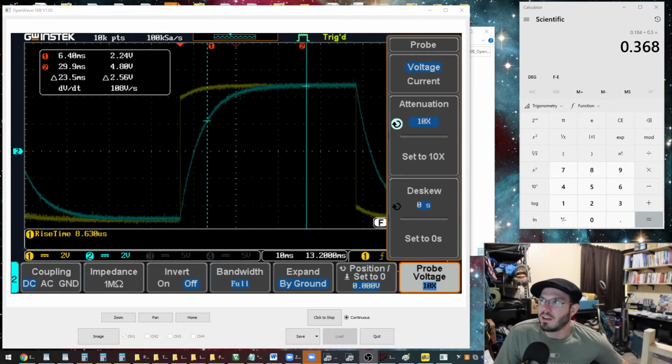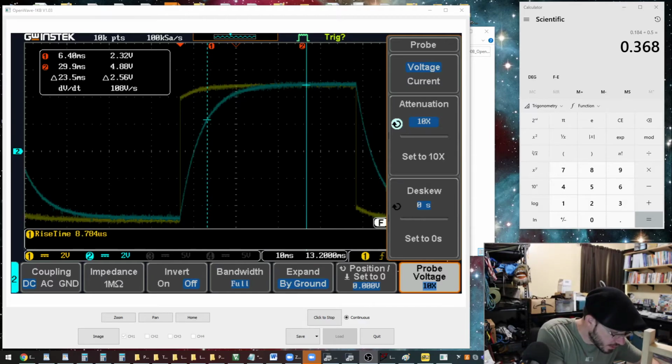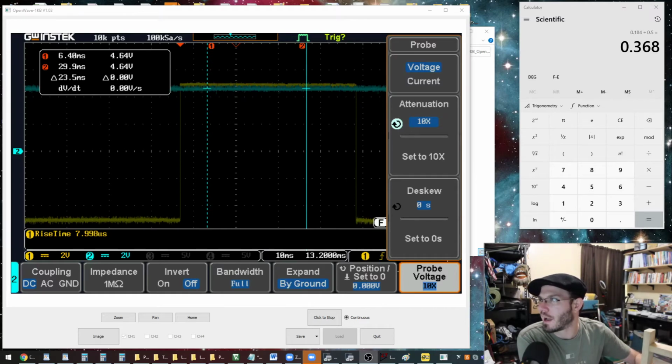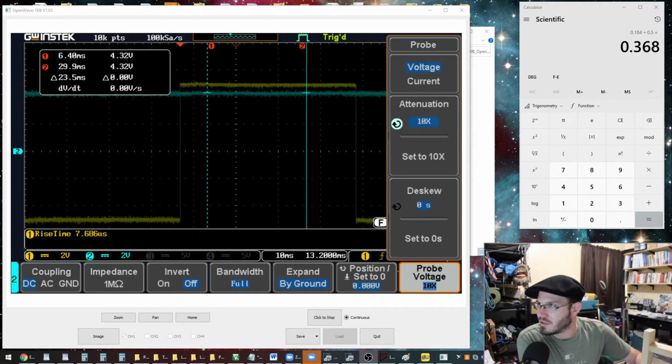Now, probably one of the questions you're having is, well, your yellow square wave over here, your applied voltage, this is coming from my function generator. Why is it dipping down over here, right? That looks a little weird. A square wave is supposed to look like this, right? Look at my yellow line. All I did was I unplugged the capacitor. Keep in mind, at time 0, this capacitor is acting like a short. That's a lot of current to come from my function generator.